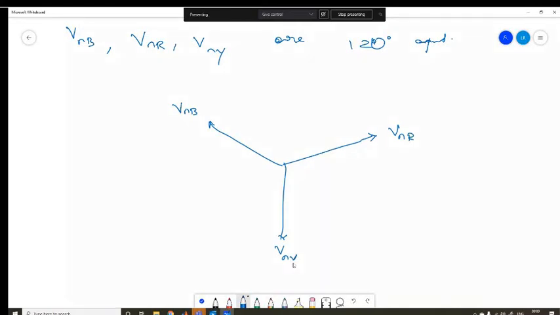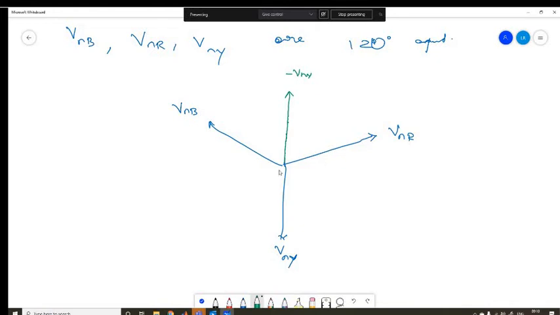Now I can extend it, using a different color. If I change the direction of VNY, I'll be getting minus VNY.